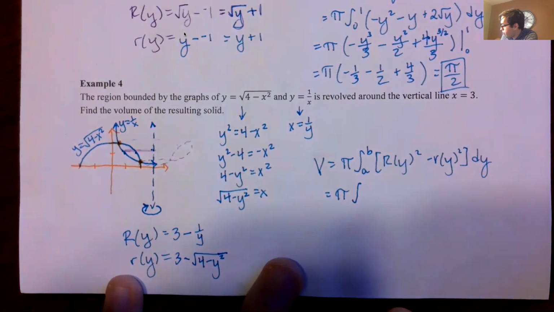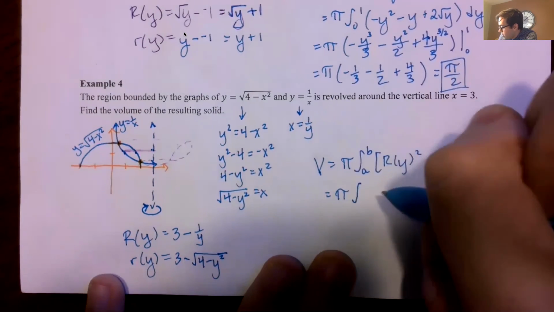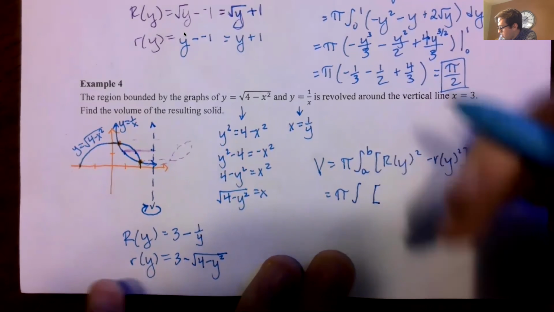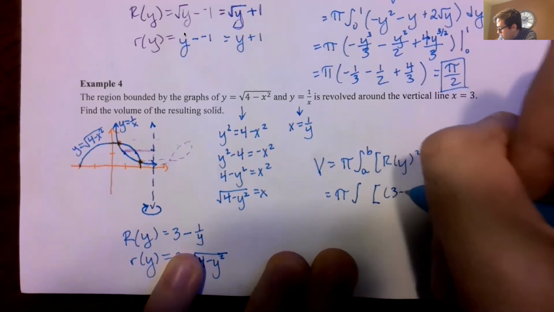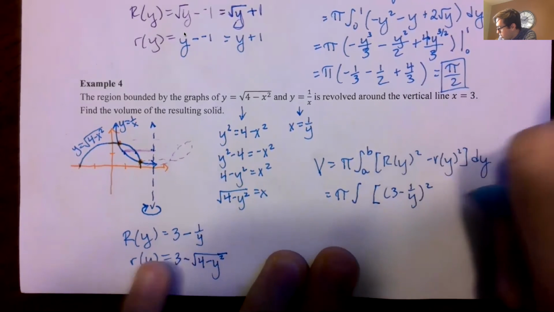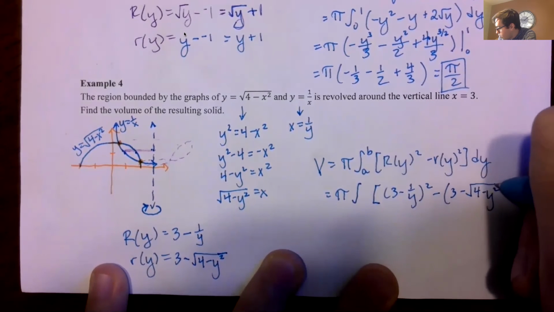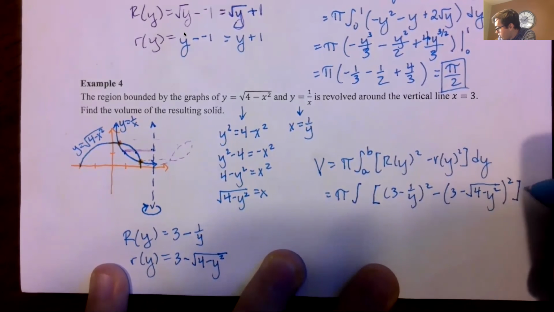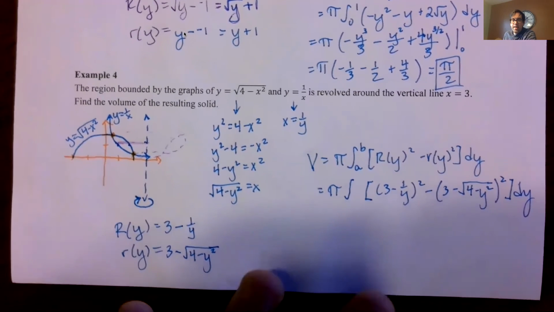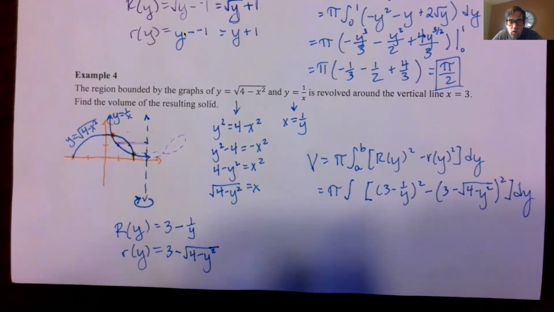We can't plug in the middle though. It's going to be 3 minus 1 over y squared minus 3 minus the square root of 4 minus y squared, squared, like that. But we need the bounds of our integral.